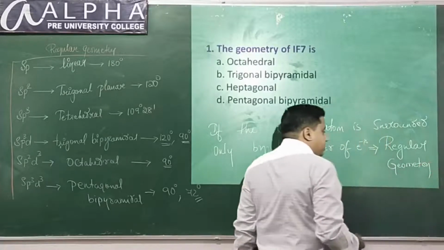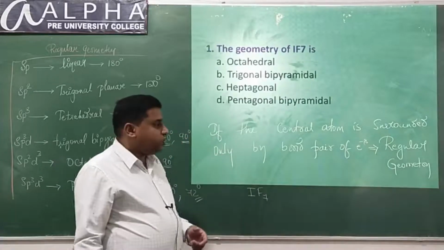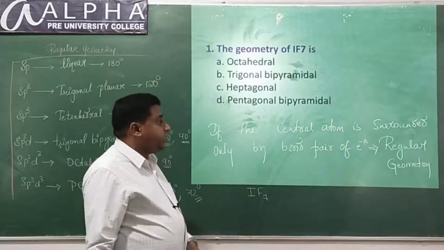Are you able to understand my point? If the central atom is surrounded only by bond pair of electrons, then it is called regular geometry.